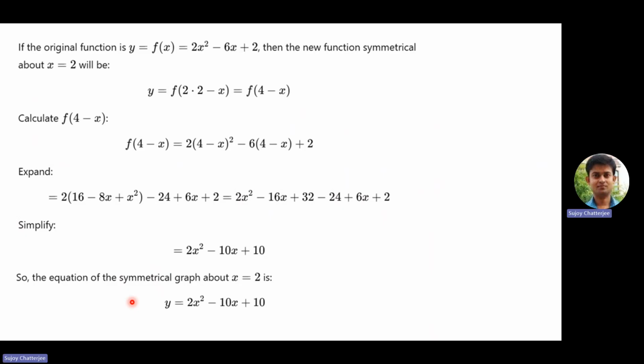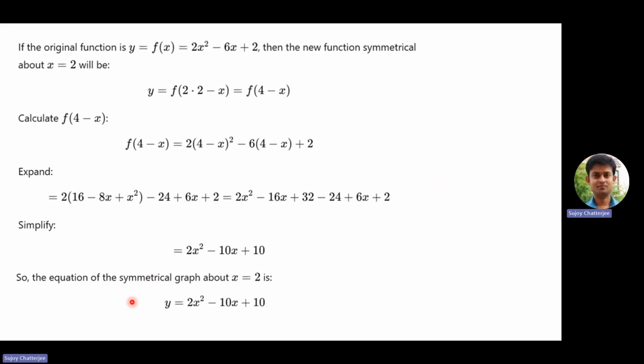Now if the original function is y equals f(x) equals 2x squared minus 6x plus 2, then the new function symmetrical about x equals 2 will be y equals f(2 times 2 minus x), which will be f(4 minus x). So we have to calculate f(4 minus x), which is equal to 2 times (4 minus x) whole squared minus 6 times (4 minus x) plus 2.